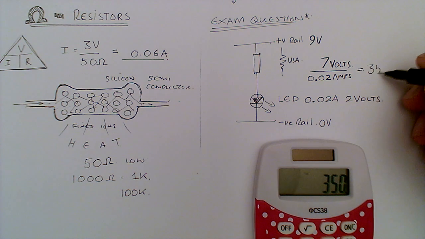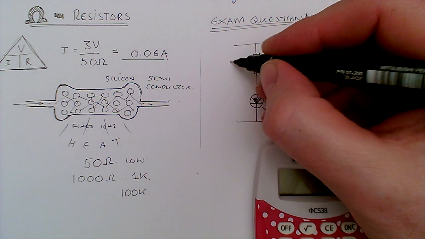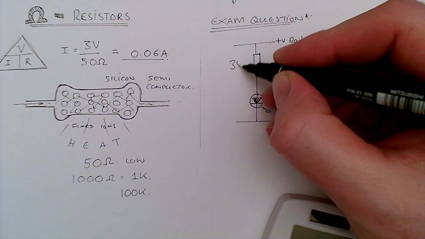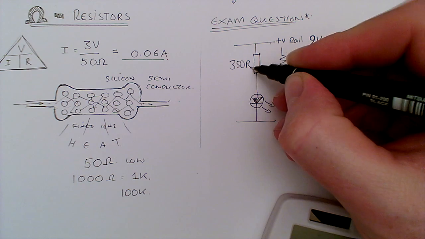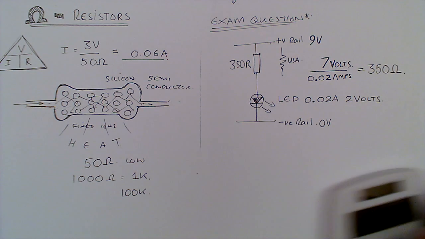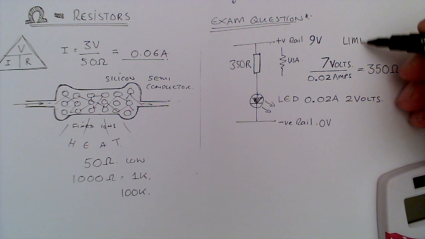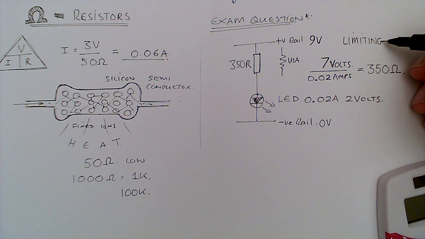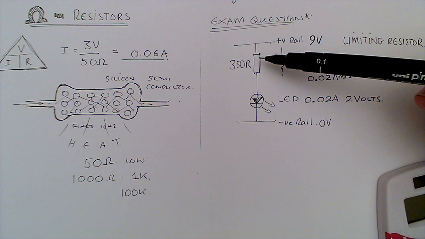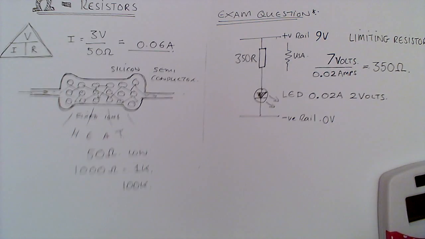So we need a resistor of 350 ohms. 350R is another way of writing it, so that it will limit the current going into the LED. So it's a limiting resistor. We calculated the value by using Ohm's law.